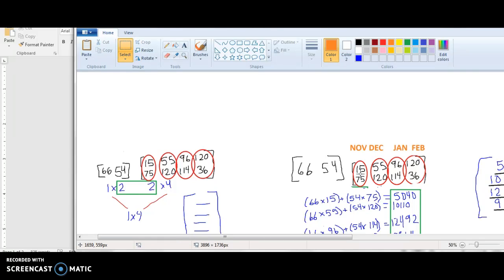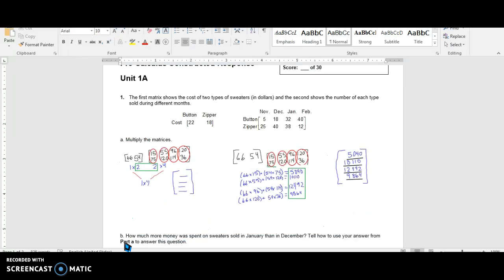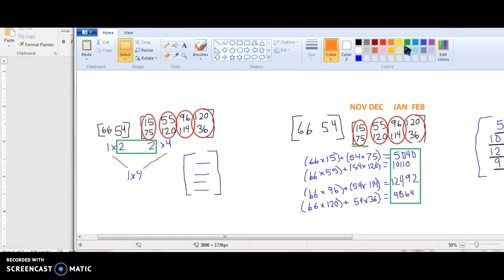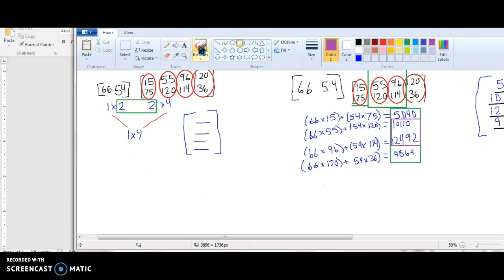Alright, so they ask how much more money was spent on sweaters sold in January than in December. So you're looking at only these right here, and those correspond, I'm going to use purple here, to these two numbers. So we're just going to bring this down.